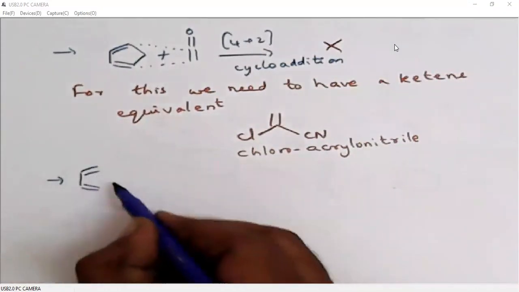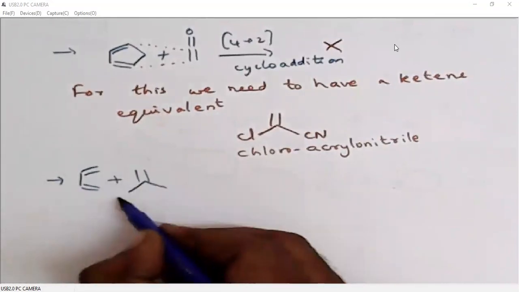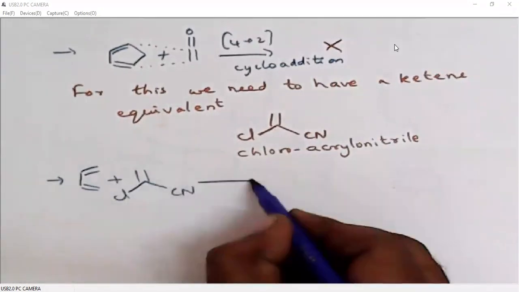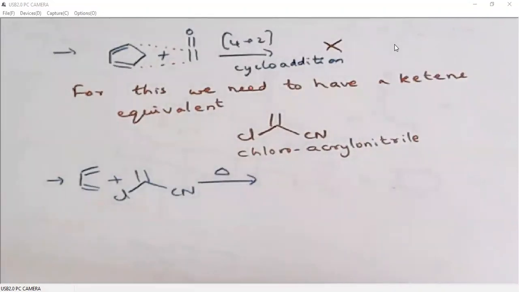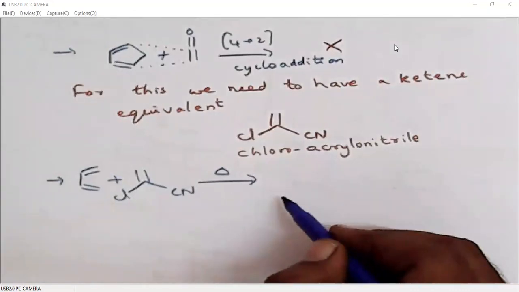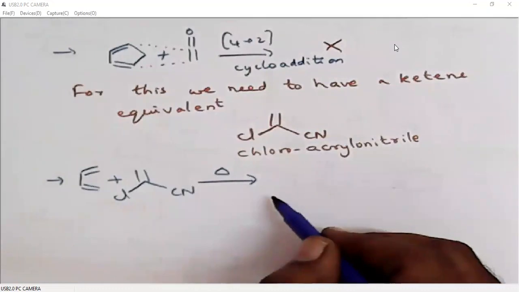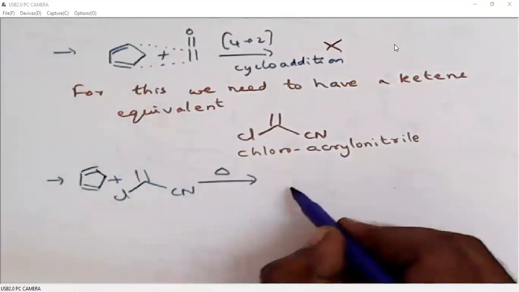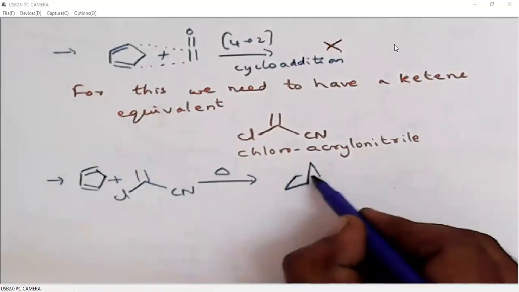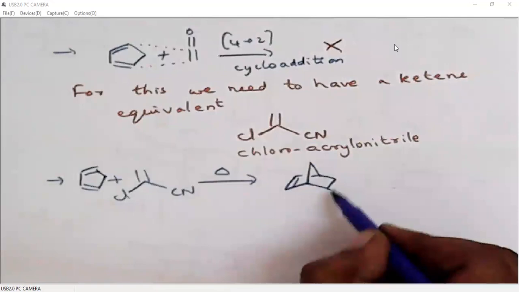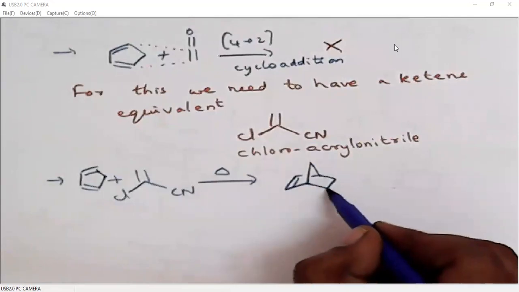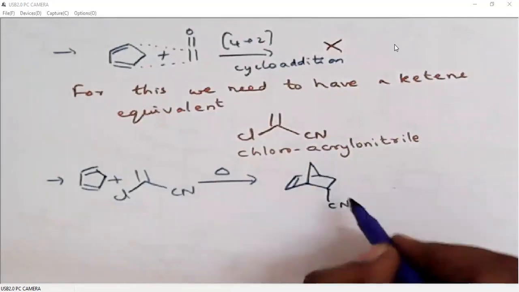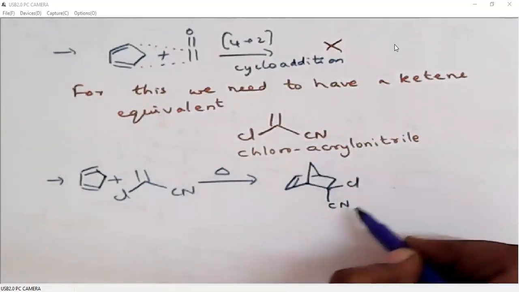Let us look at this simple example. When we mix and heat these two, diene and dienophile, obviously it will undergo a Diels-Alder reaction, because the nitrile has additional double bonds.